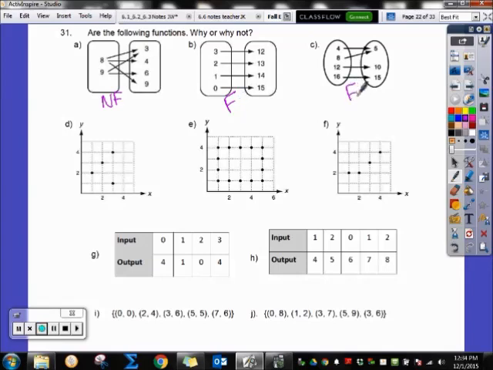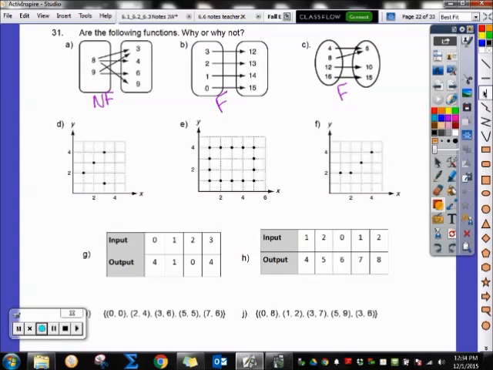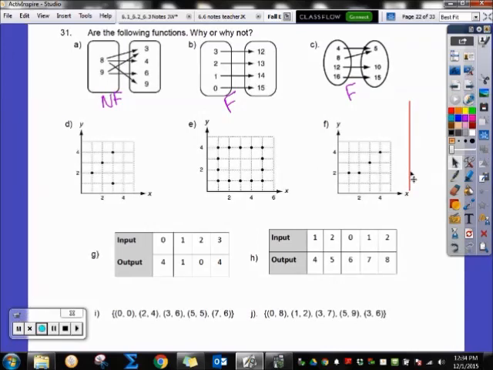Here, actually for this one, I could use my vertical line test. So you can take your pencil, and I'm going to get a vertical line here. So here's my vertical line, and you just drag it across, and as long as it doesn't touch 2 points at the same time. Right there, it touches 2, so D would be not a function. I can already tell if I grab my vertical line here.